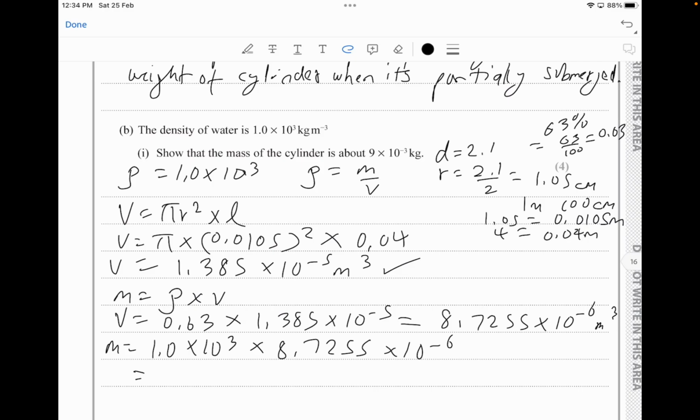This is going to give you a final answer of about, I'm just using the calculator to find out the answer. So we get a value of about, yeah, now it should be correct. 8.7255 times 10 raised to the power negative 3 kilograms.